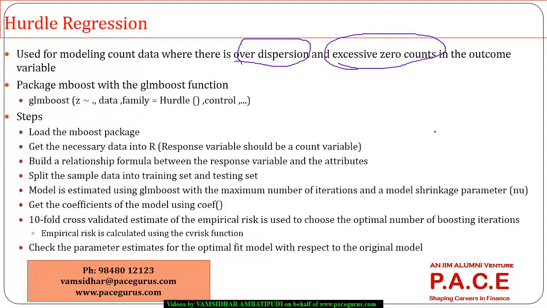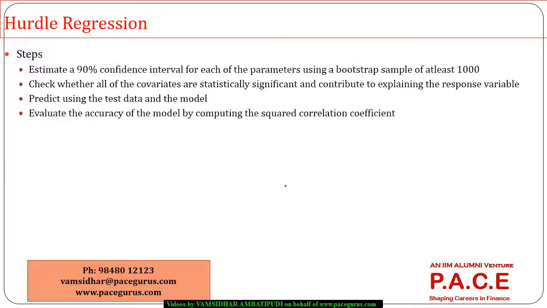If there are more zeros in the data, then it's better to use hurdle regression compared to either a Poisson regression or a negative binomial regression. And again, the major difference is within the GLM boost, where I am setting the family as a hurdle family. For the rest, you could see the process is exactly the same.